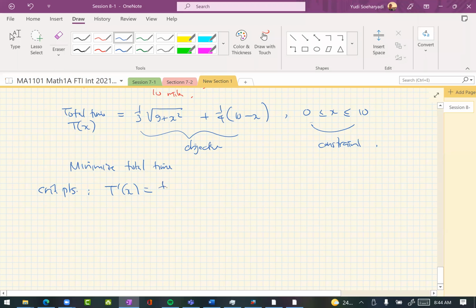So this is 1/6 times 9 plus x squared to the power negative 1/2, times the derivative of x squared, which is 2x. Here it's the same, it's easy because this is just minus 1/4. Let's simplify. Just 1/3 x over the square root.